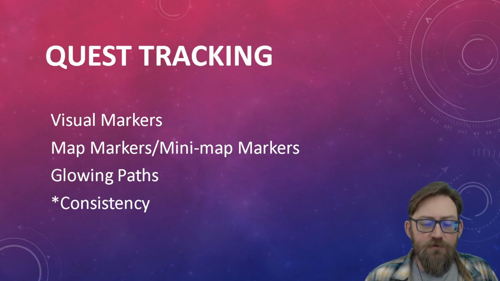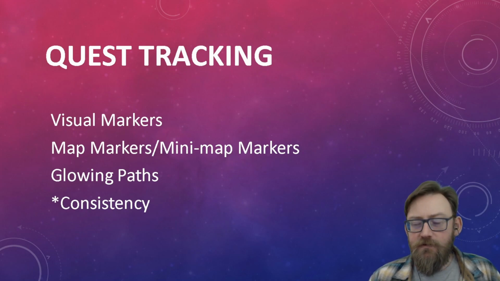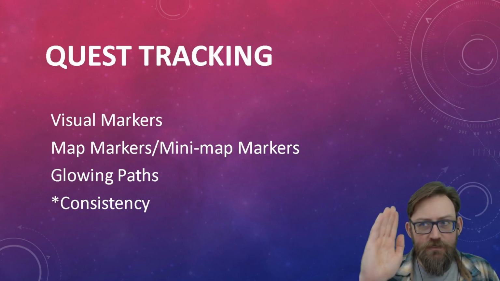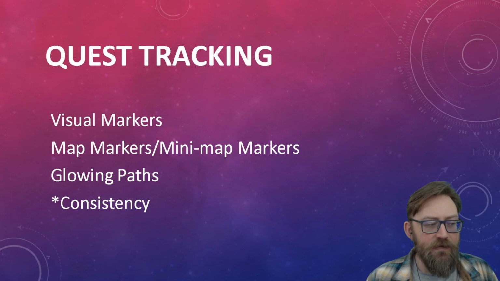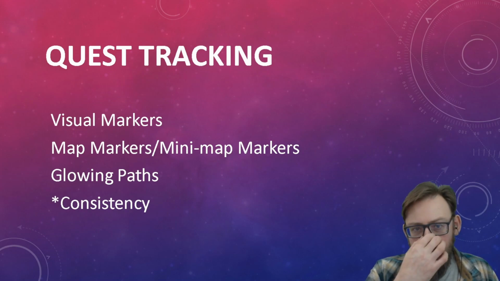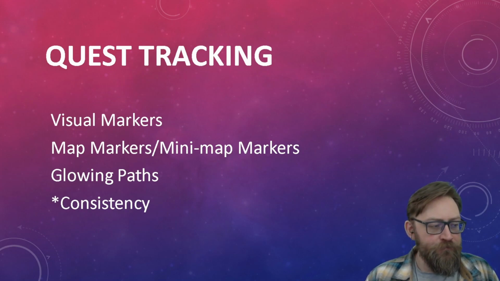Markers on those maps are one way to telegraph to the player where they're supposed to be going. Sometimes there are just markers on the screen as they're looking around. There's a compass and it says go this way, so they know quickly which direction to head right away. Some games will have a glowing path that calculates the shortest distance, or it's a predetermined path that shows the player where to go.